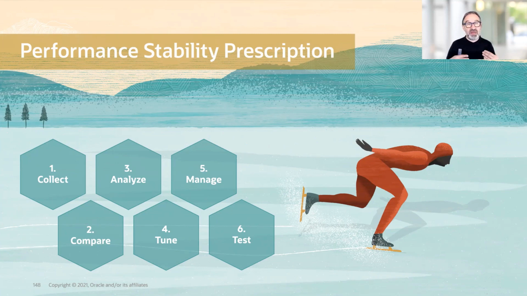And we enforced plan stability with SQL Plan Management in step number 5. Finally, in step 6, we verified our tuning efforts with database replay. And this way, we are pretty certain that you can ensure plan stability, performance stability when you move to a new environment, even for a migration.